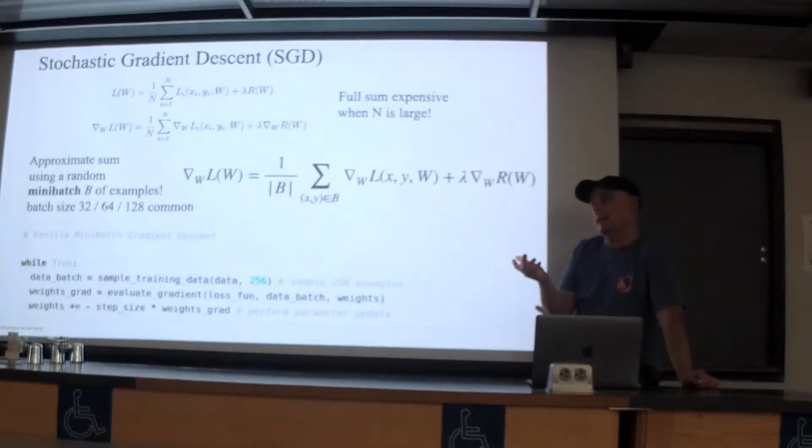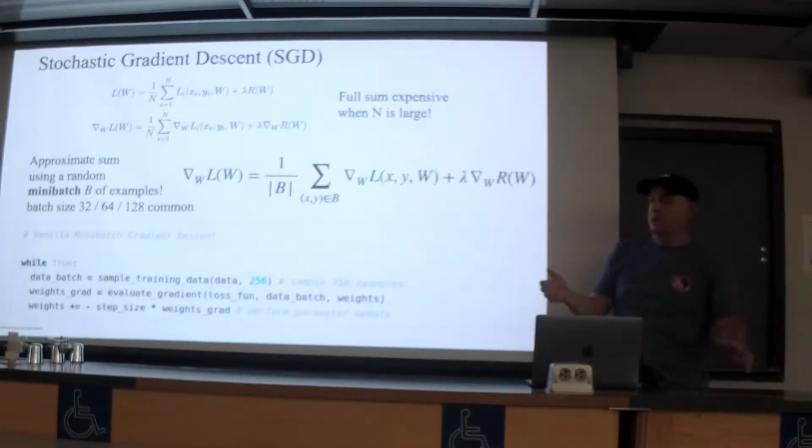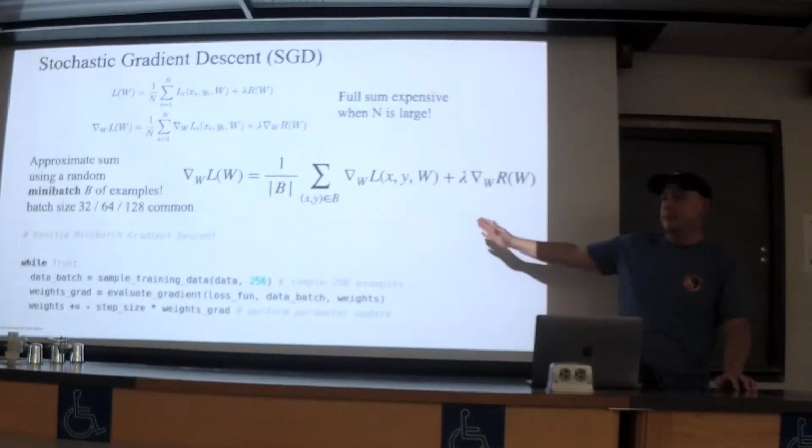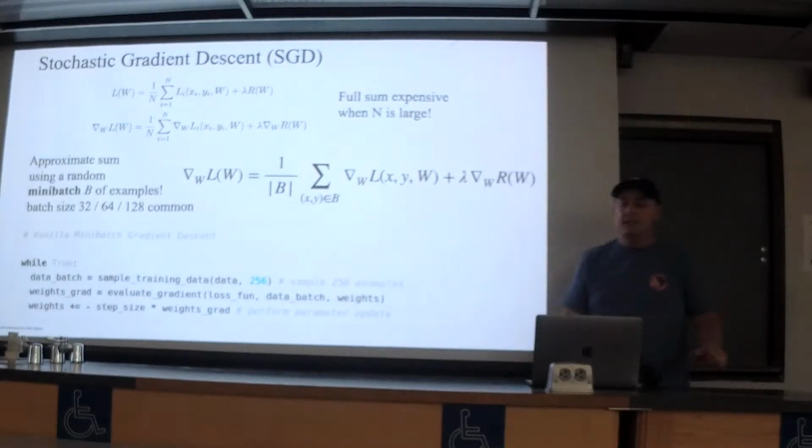So the data set is a part of the definition of the loss. You can think of it as fixed, like for the perfect loss function where we calculate over the whole training set. So those parameters aren't changing, but then it's actually not fixed, right? We're doing this mini batch sampling.